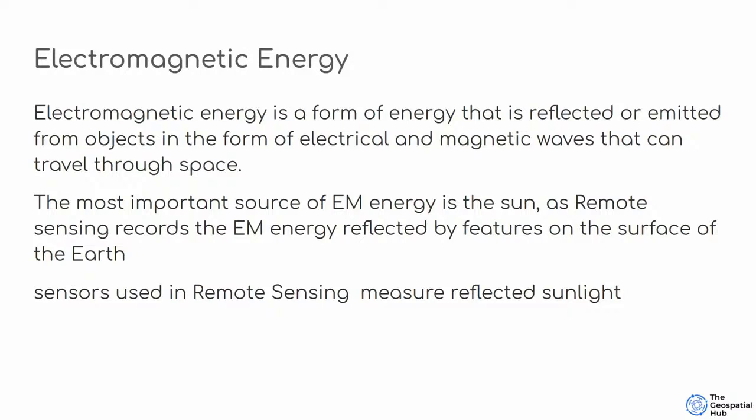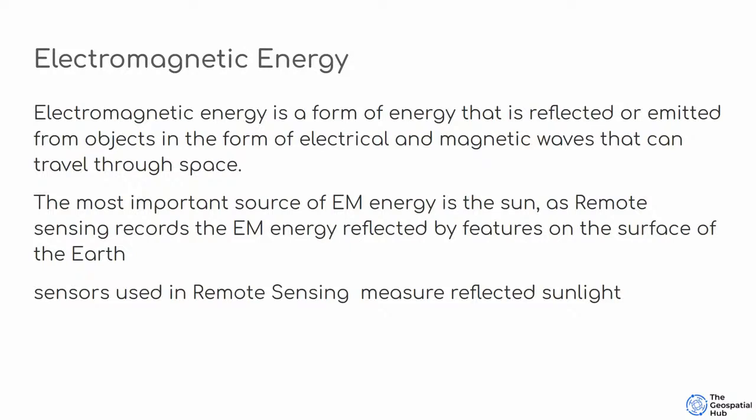So for remote sensing, we have sensors that capture this energy. Our eyes are also a sensor, but our eyes are not sensitive to all the energy the sun sends.